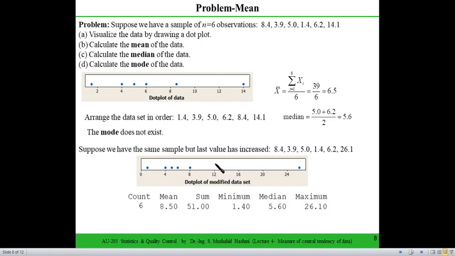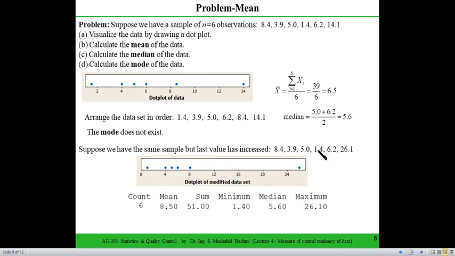And from Minitab, once we have calculated the descriptive statistics, we can see the mean value has changed from 6.5 to 8.5, the minimum value is 1.4 and the maximum value is 26.1. You can see here that just by bringing in the extreme value, the mean has changed from 6.5 to 8.5, but your median value remains the same.